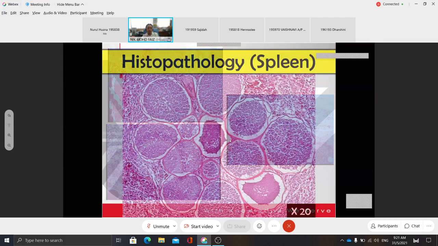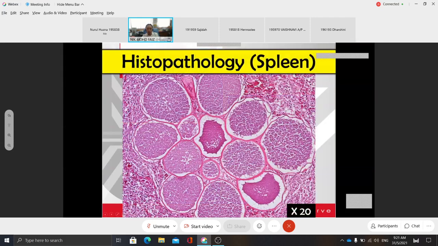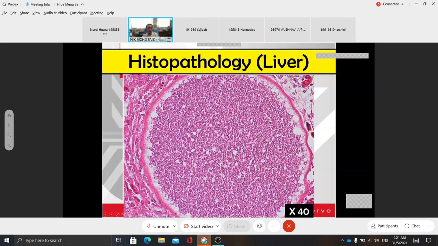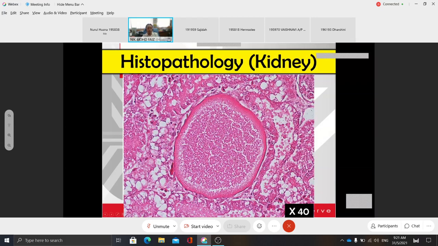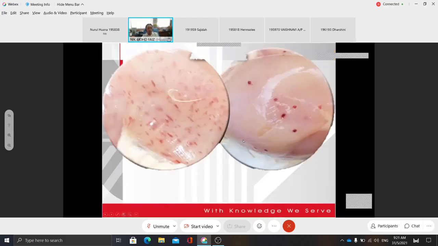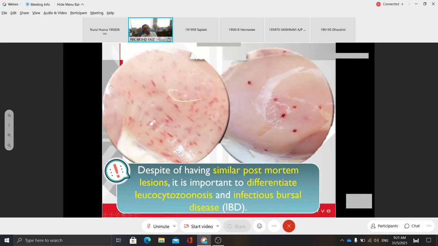If you do histology of the spleen, this is the spleen area, and this is the megaloschizonts in the liver, the kidney, and bursa of Fabricius. It's basically everywhere.